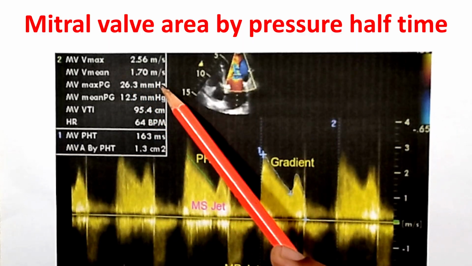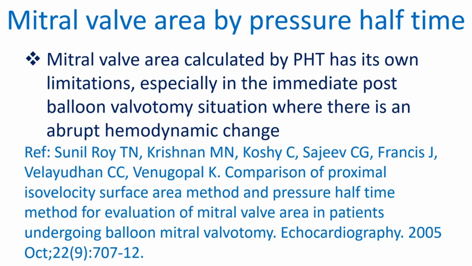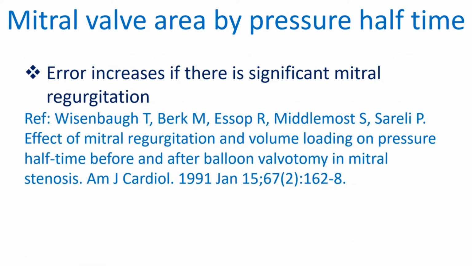That's significant mitral stenosis. Mitral valve area calculated by PHT has its own limitations, especially in the immediate post-balloon valvotomy situation where there is an abrupt hemodynamic change. Error increases if there is significant mitral regurgitation.